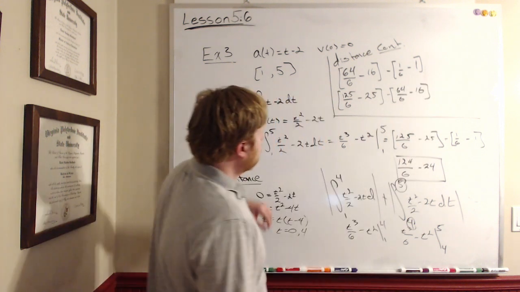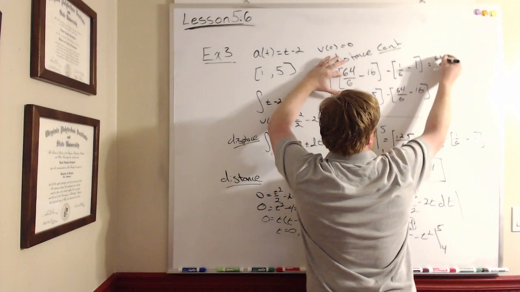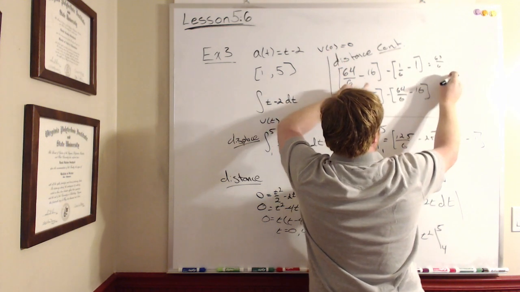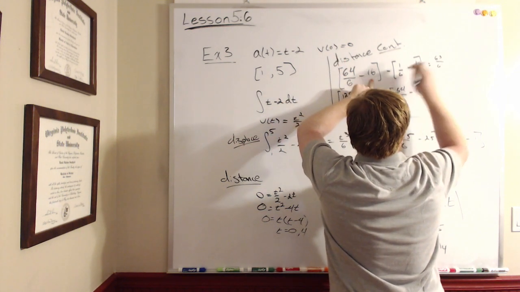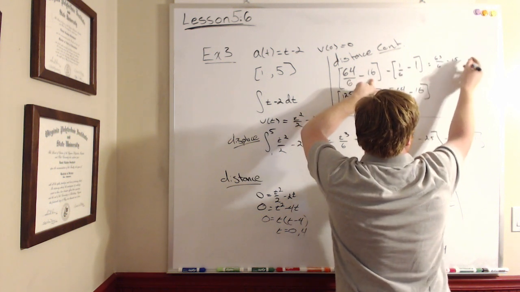All right, so let's see. That's 63 over 6. Negative 16 minus a negative 1 is negative 15.